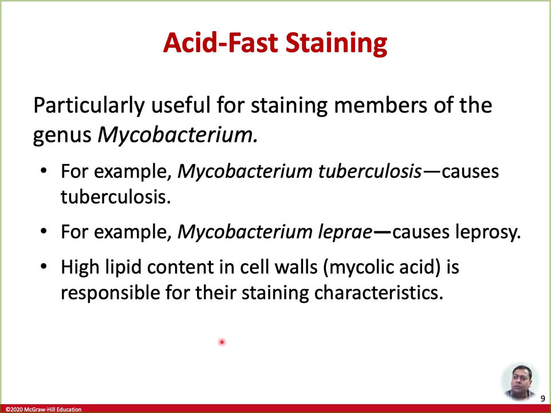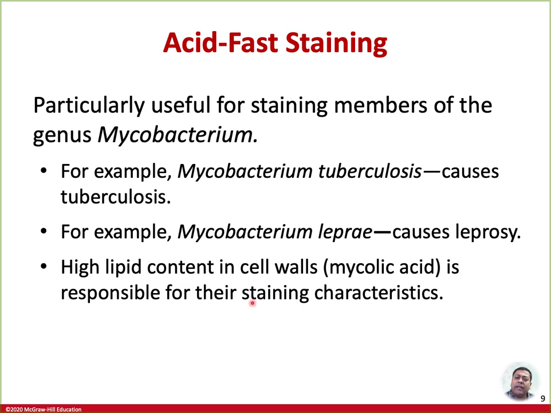The commonly used procedure is known as the Ziehl-Neelsen method. You will see that it is written in your book. This uses a high concentration of phenol and the carbol fuchsin, as well as a wetting agent. A wetting agent reduces the surface tension between the lipidy cell wall and the dye.